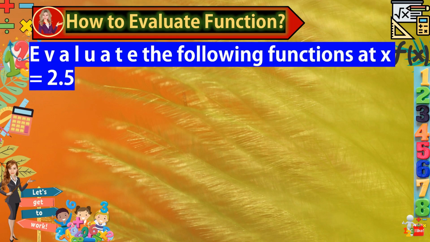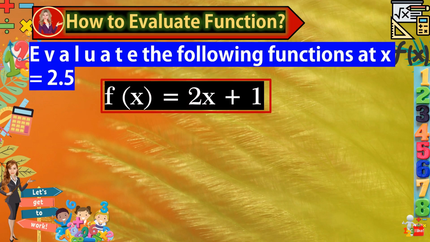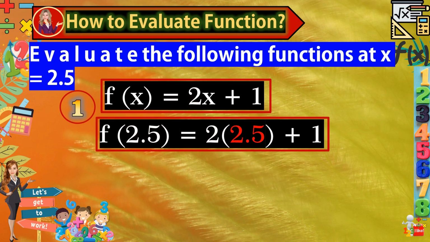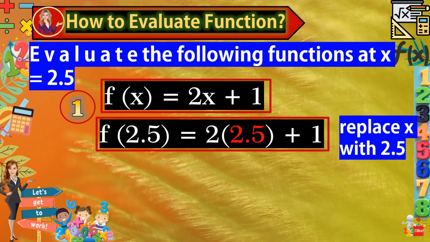Evaluate the following function at x is equal to 2.5. First, copy the given. f of x is equal to 2x plus 1. Then, replace x with 2.5. f of 2.5 is equal to 2 multiplied by 2.5 plus 1.